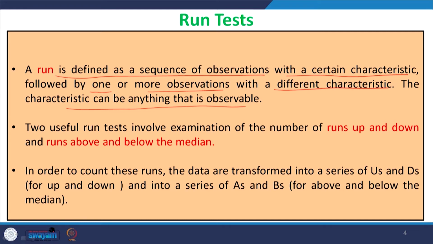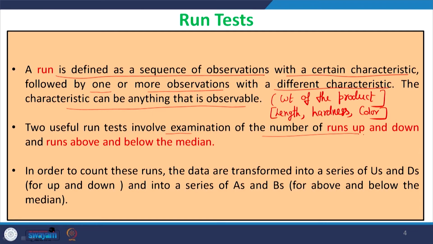In the previous example, the characteristic was weight of the product. Similarly, you can take many other examples: length can be there, hardness can be there, color can be there. So, there may be multiple types of characteristics which you can observe, and that can become your characteristic for deciding the run.